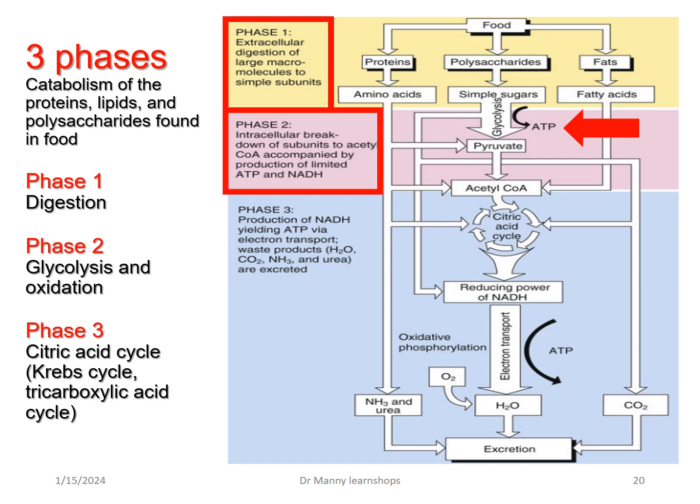In phase 2, intracellular breakdown of subunits to acetyl-CoA is accompanied by the production of a limited amount of ATP and NADH. In phase 3, the production of NADH yields ATP and waste products such as water, carbon dioxide, ammonia and urea. The essential thing is that ATP is produced.